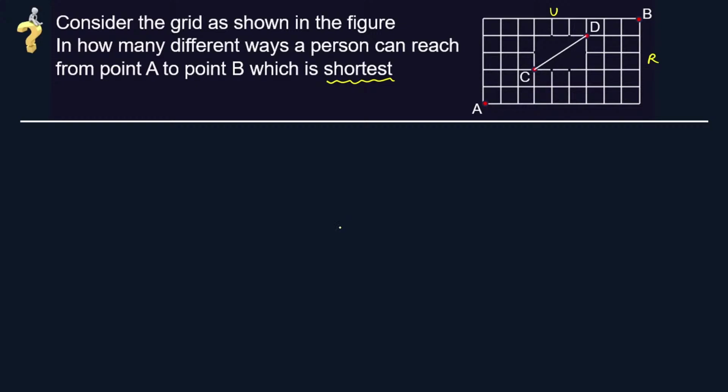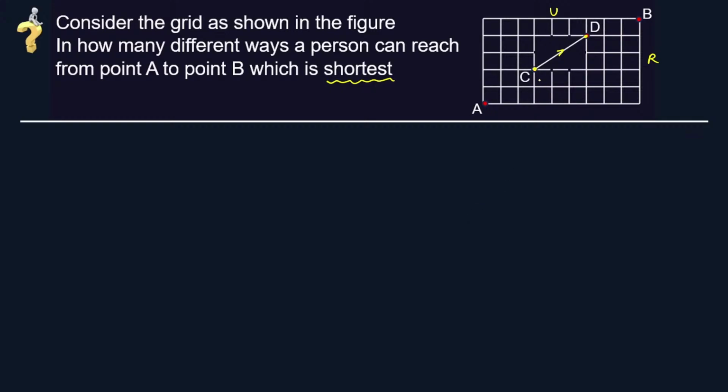In how many different ways can the person reach? Now, one thing is very sure to us, that I have to reach point C. Why? Because from point C to point D, there is only one path.